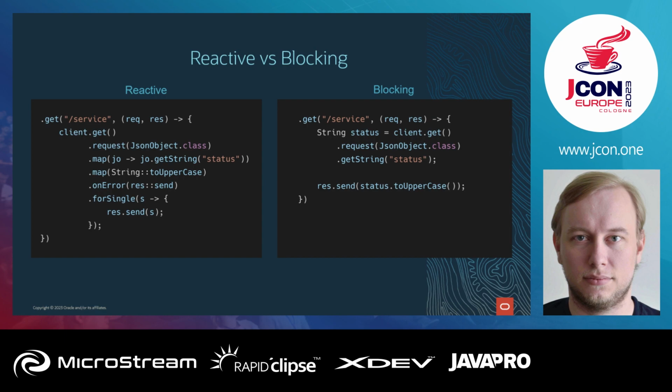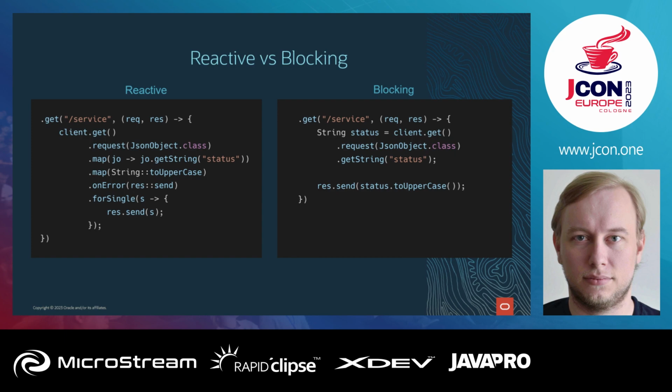Now, it might be interesting to compare how blocking code is actually simplifying the overall code you need to write in your endpoint. So on the left, we have code written for our Helidon SE. As you can see, it's following some reactive paradigm.